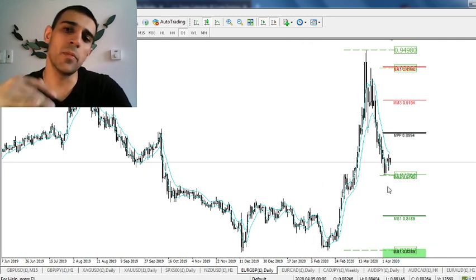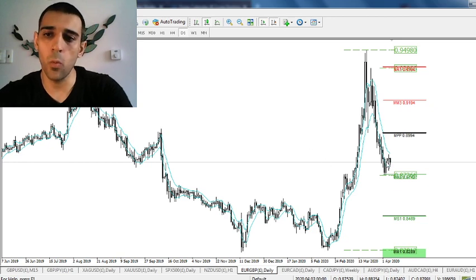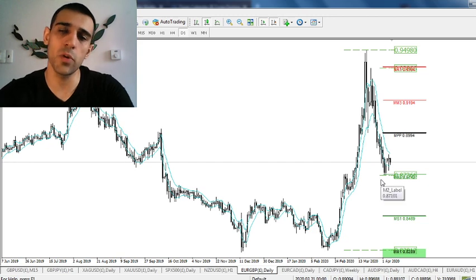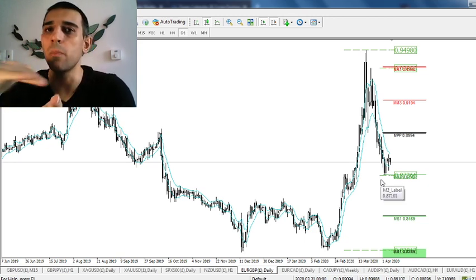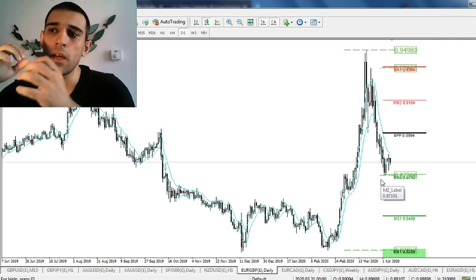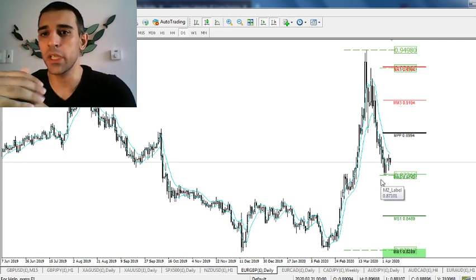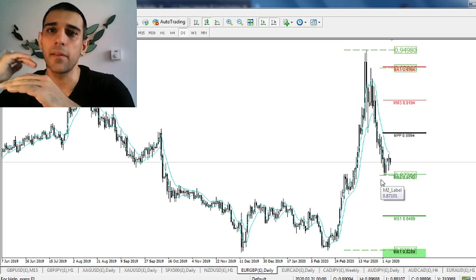You can add positions: you get one unit up here, a second unit on another retracement, and the third unit on the third retracement, and that's how we start building the trade. You can do it with the same amount of risk, but you're building that trade.